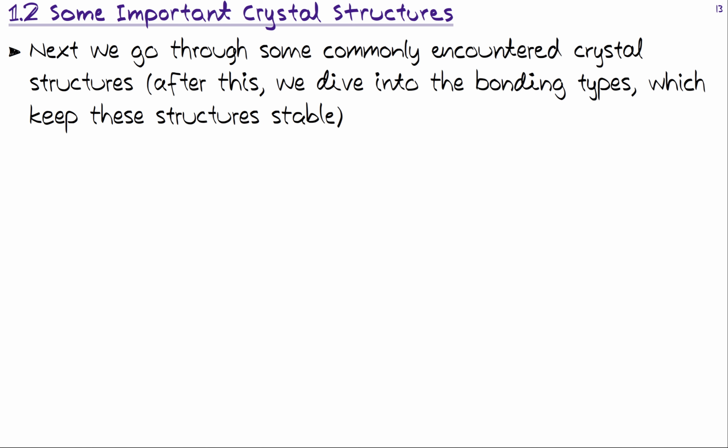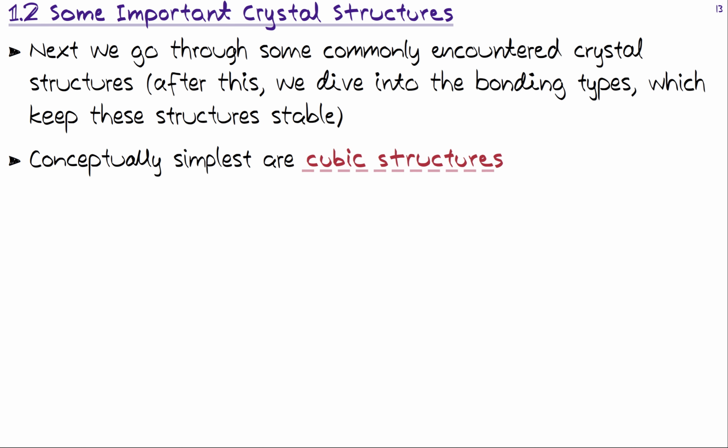Whenever we have a given structure, there must be something in the microscopic picture that makes this specific structure stable. But more of that in our second chapter, which focuses on the bonding of solids, the different solid types, the different bonding types that give rise to different structures.